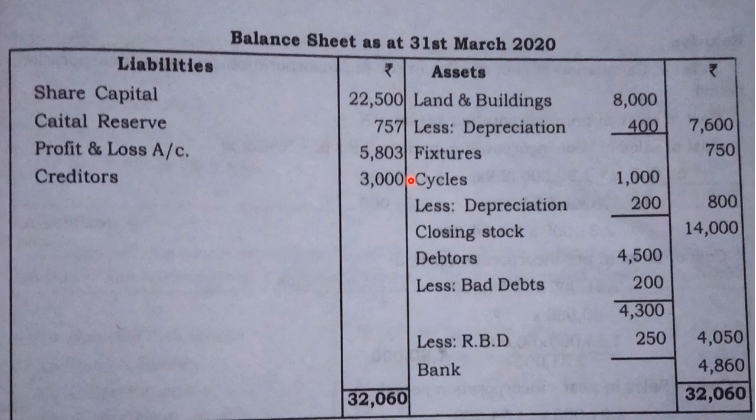The pre-incorporation profit is called capital profit and you have to transfer it to capital reserve, right? The pre-incorporation profit, you have to treat it as a capital profit, then you have to record it to capital reserve. Now you see the P&L account.